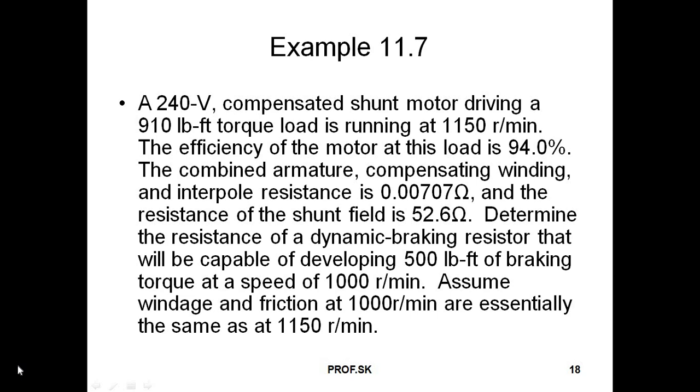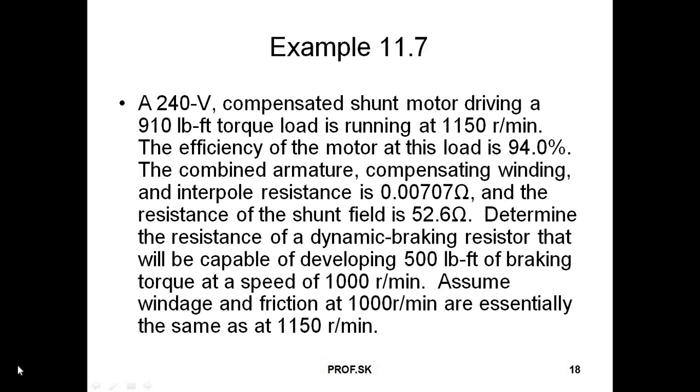Next problem. A 240 volt compensated shunt motor driving a 910 foot-pound torque load is running at 1150 rpm. The efficiency of the motor at the load is 94%. The combined armature, compensating winding and interpole resistance is 0.00707 ohm, and the resistance of the shunt field is 52.6 ohm.